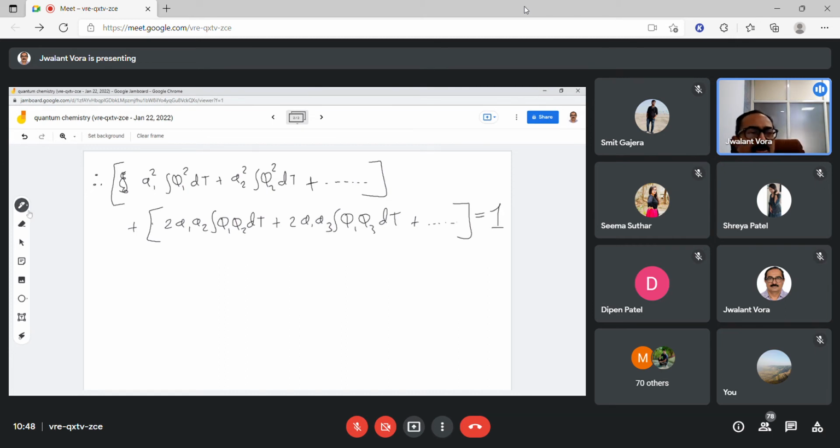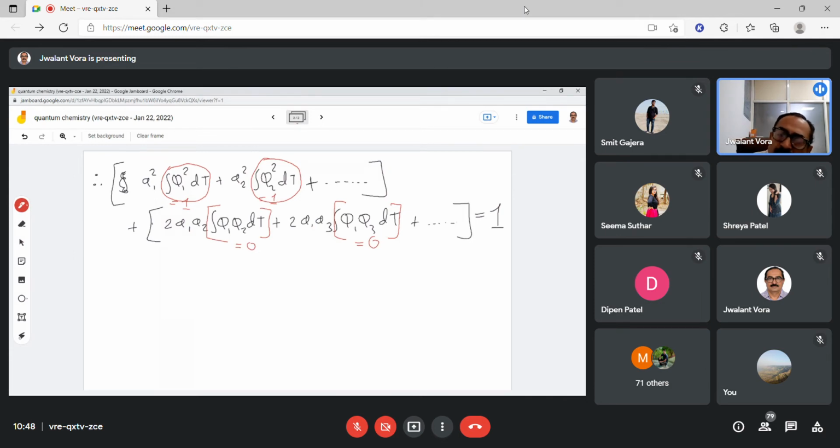Now this is going to represent the normalization condition. First part, so that will be equal to 1. And a second part is representing the orthogonal condition where the answer will be equal to 0.